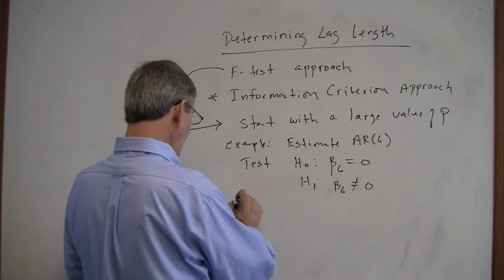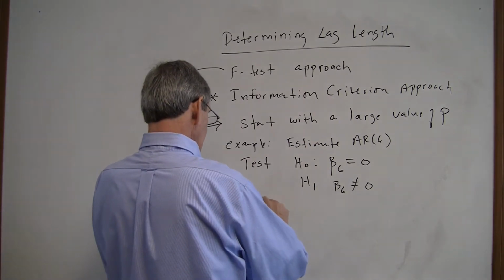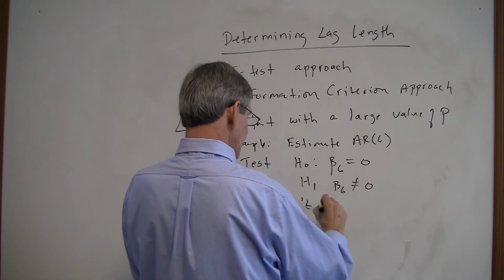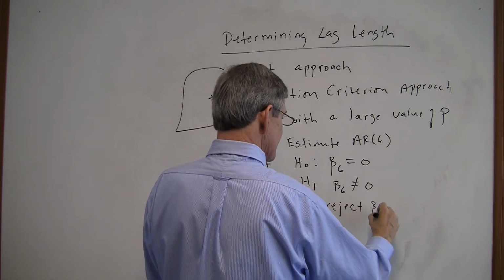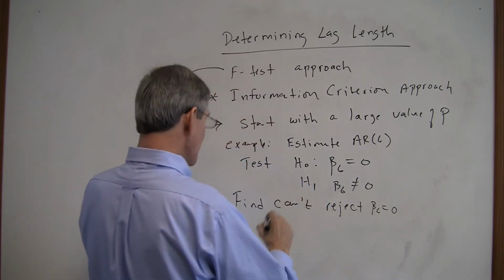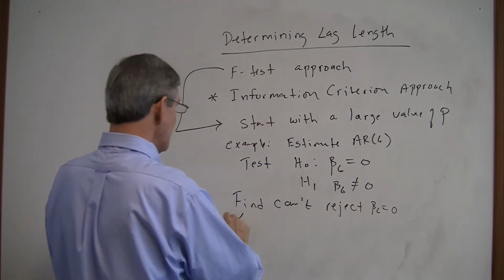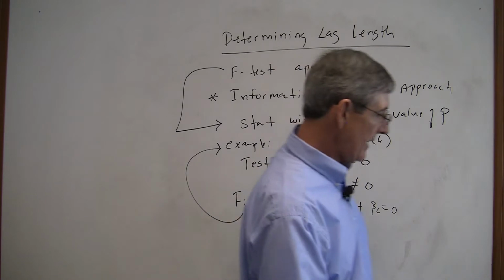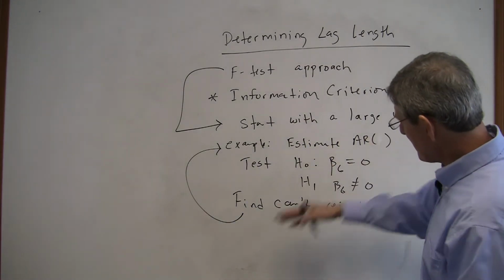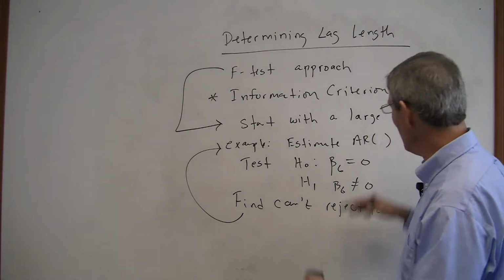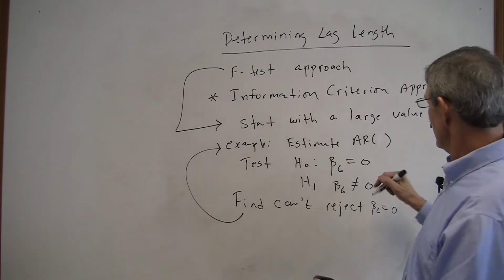So you find that you can't reject that beta 6 equals 0. So now, cycle back and estimate an AR5. I should be writing another one here, but I'm going to run out of room, and I just want to show you how you do this.